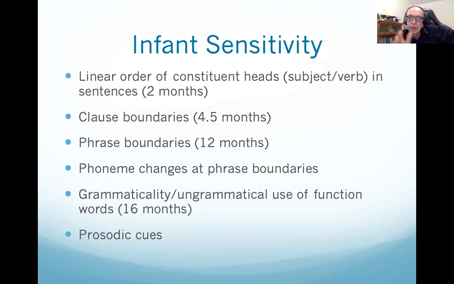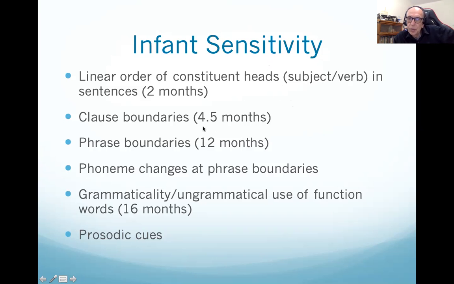Well, the child is presented orally, A-U-R-A-L-L-Y, sentences with noun first, verb second, simple sentences, and then the verb and subject are flipped in a subsequent presentation, and their rate of sucking is measured, or some other focus of a shift in their attention. So the order of constituent heads, kids are sensitive to by 2 months.